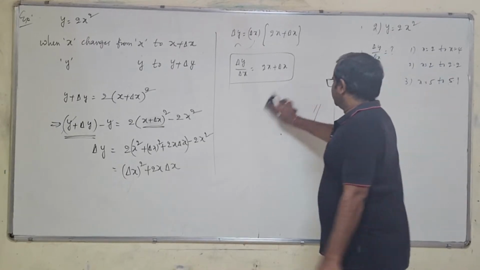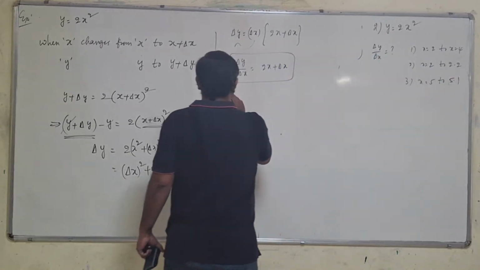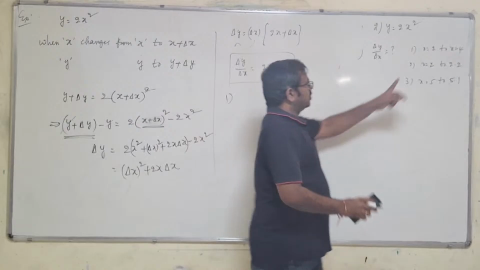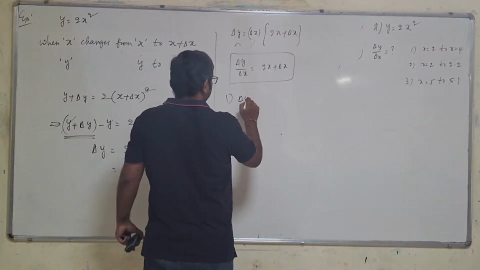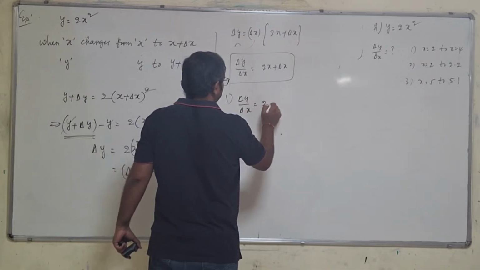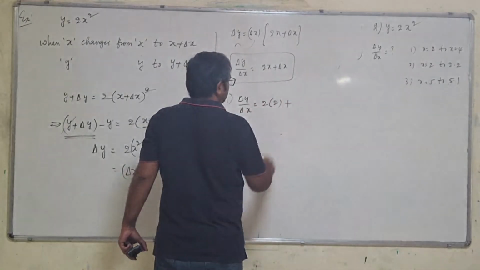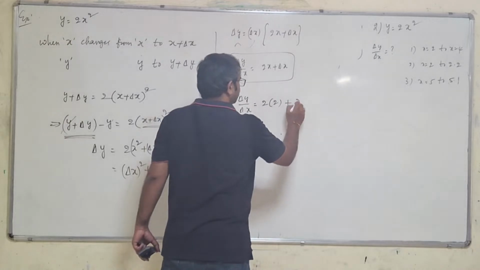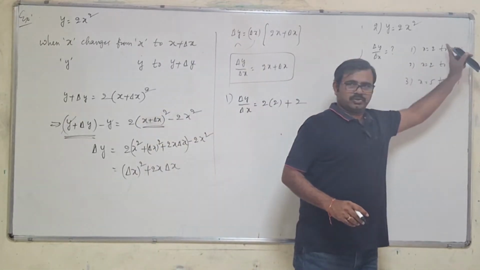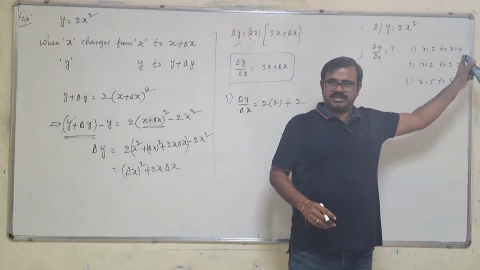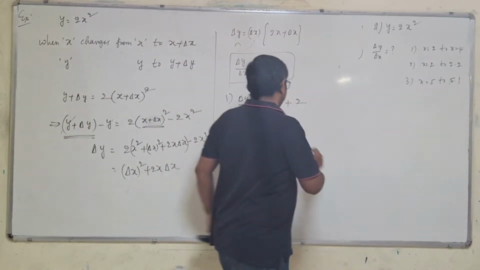Okay. So in the second example, look at the first case. X is equal to 2 to 4. Substitute that. What do you get? Delta y by delta x is equal to x plus 2. And delta x is how much here? 4 minus 2 is delta x. So what are you getting?